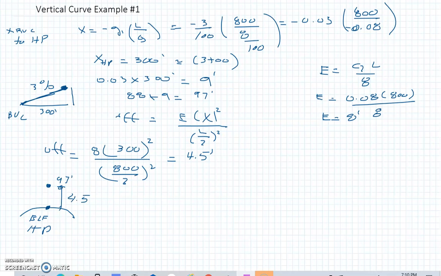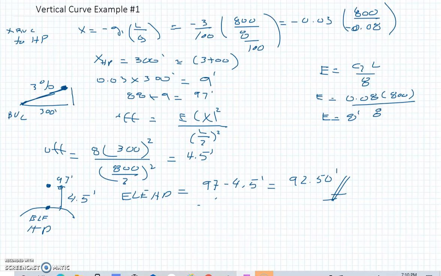I need to subtract 97 minus 4.5, and I get the elevation of my high point. So my elevation of my high point is 97 minus 4.5, which is equal to 92.5. And that's it.